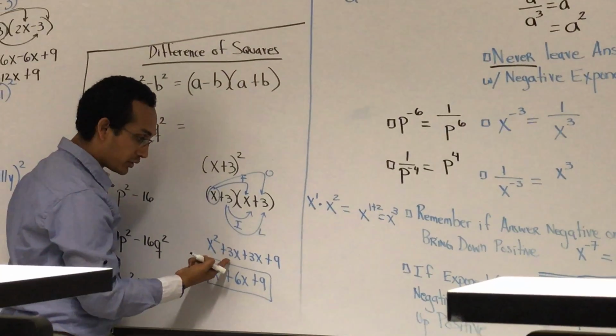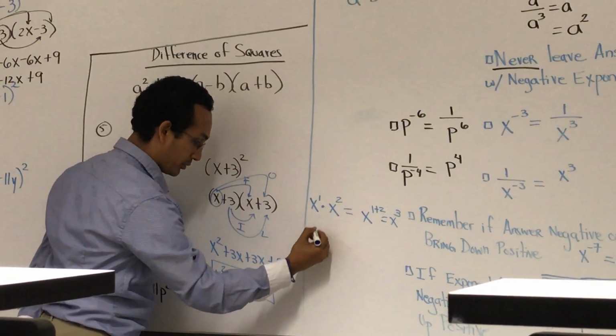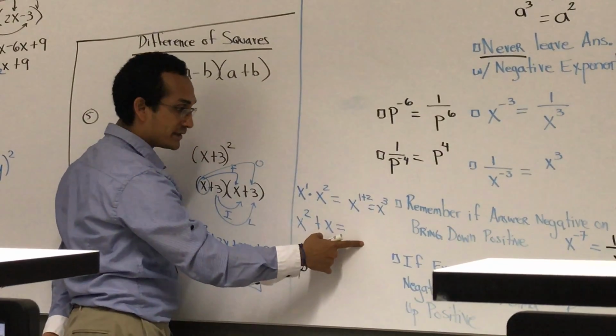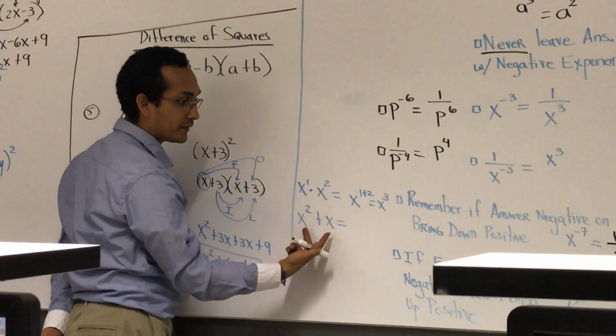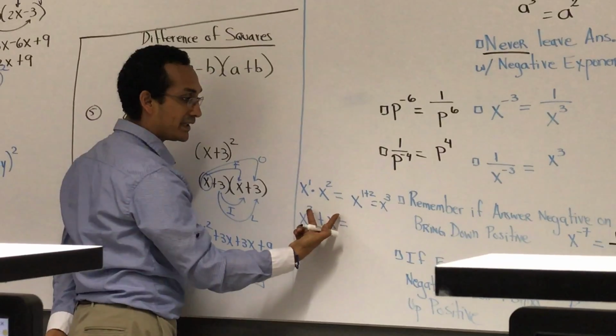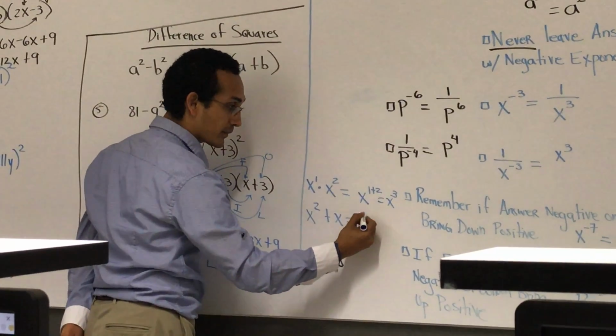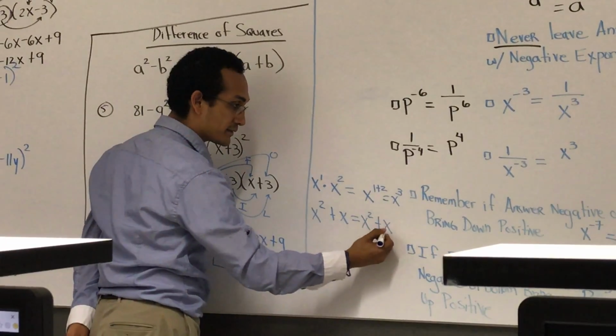Here, notice that when you're adding x squared plus x, you cannot add them, because they have to have the same base and the same exponent in order for you to add. So this remains x squared plus x.